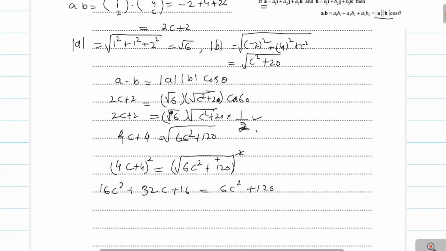Because square root will be cancelled, we can write 16C square minus 6C square plus 32C plus 16 minus 120 equal to 0.